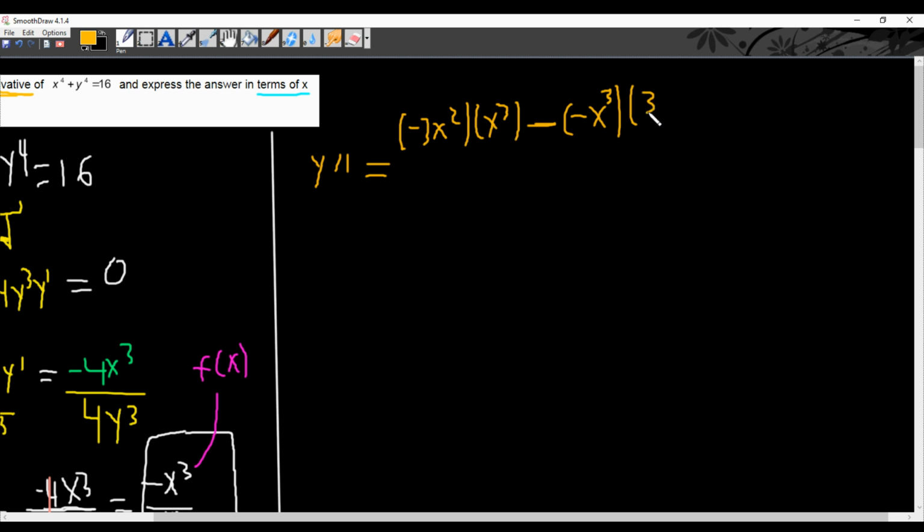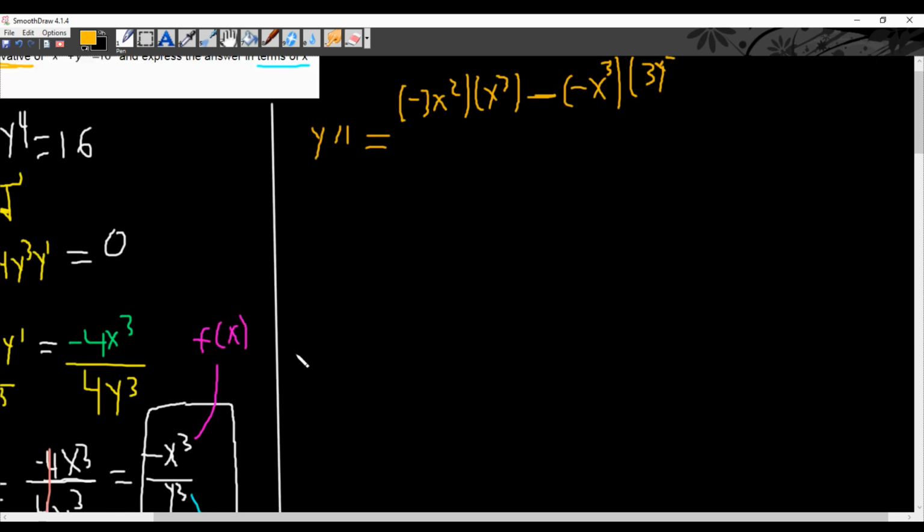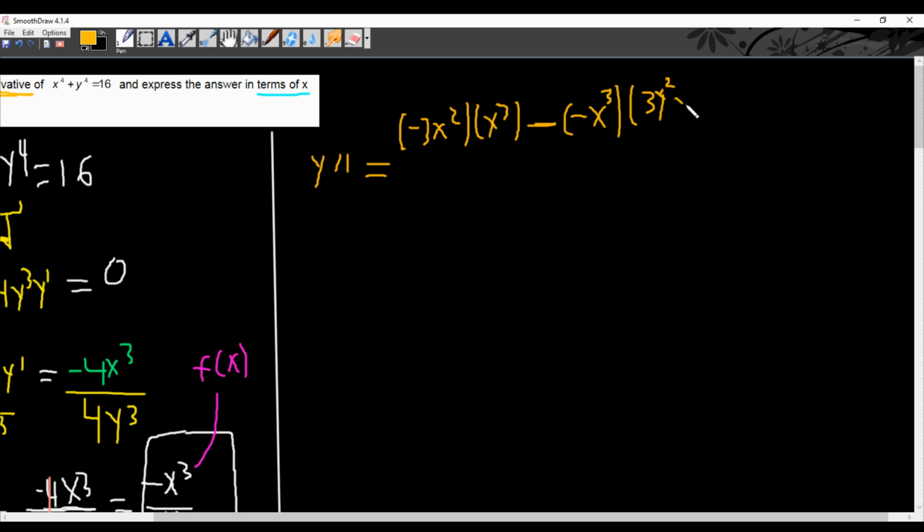So that means here it's going to be 3y squared, but then I have to do the chain rule again, which is going to be y prime, divided by y cubed, and then that will be squared.